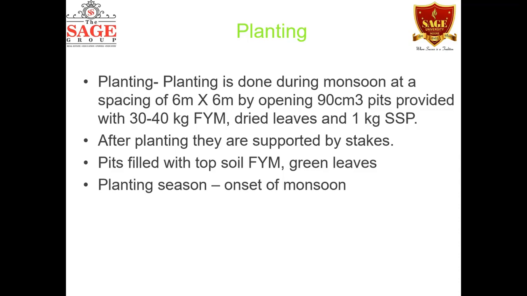At the time of planting, you need to mix it. Then you can mix some dried leaves as well as 1 kg of SSP. So this you can mix with the top layer of soil. The downside layer of soil you can avoid. So in the top layer of soil, you can mix all these things. Then you can fill the pit.